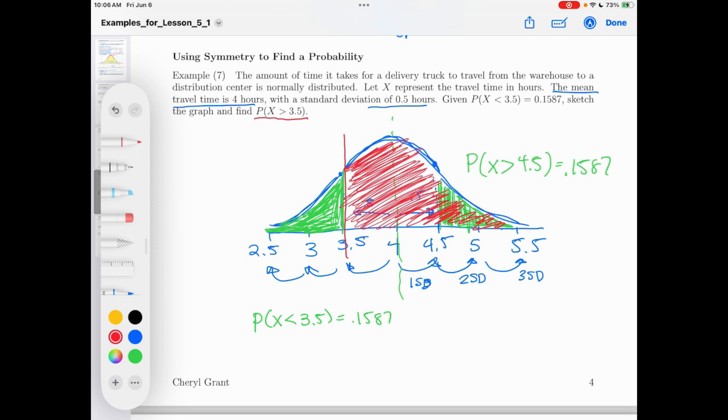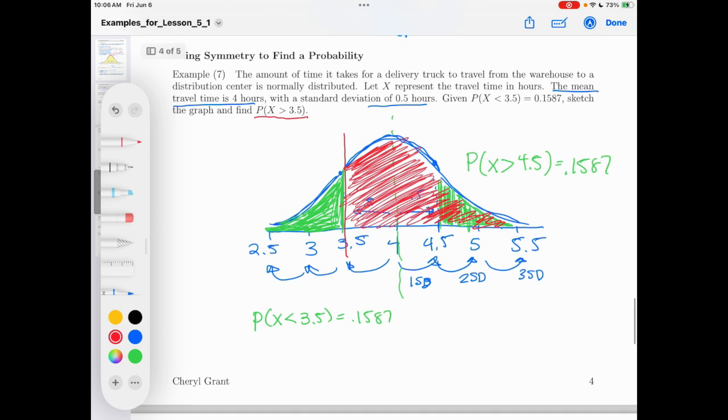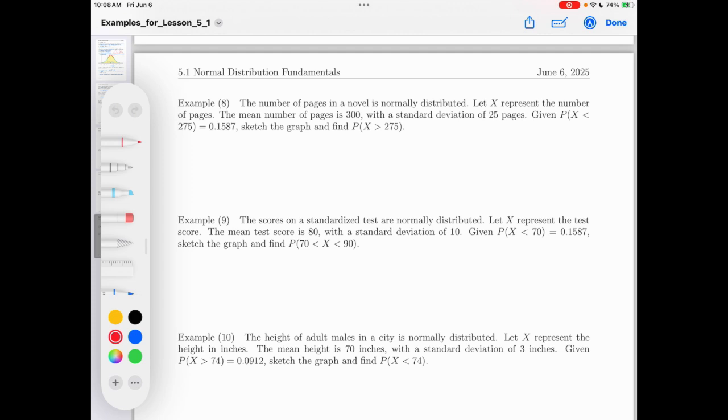And since we know that the probability that X is less than 3.5 is 0.1587, to find the probability that X is greater than 3.5, we just have to take 1 minus the probability that X is less than 3.5. So our answer is going to be 1 minus 0.1587. And when we put that in on the calculator and find that value, we get 0.8413.